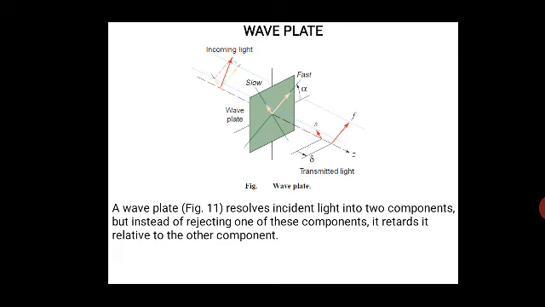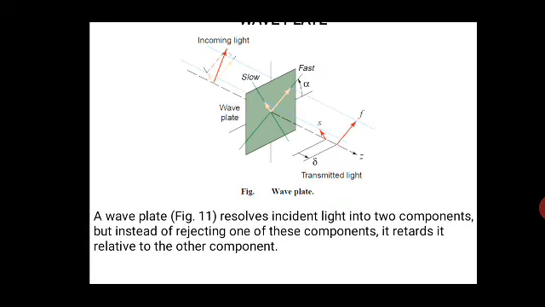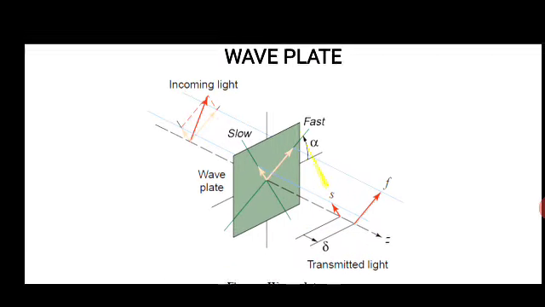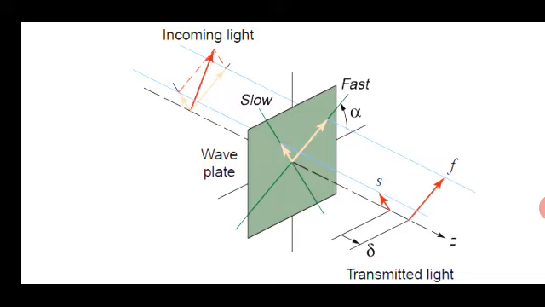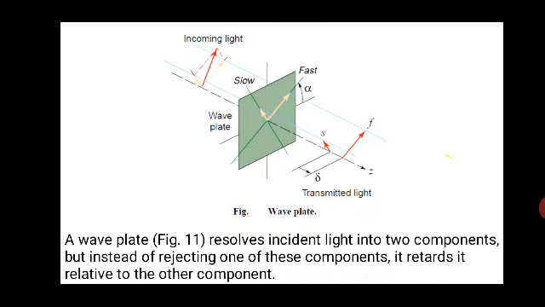The second major important element in a polariscope is a wave plate. Here, you can observe the incoming light, one component parallel to the plane as well as one perpendicular to the plane, moving in two different planes.